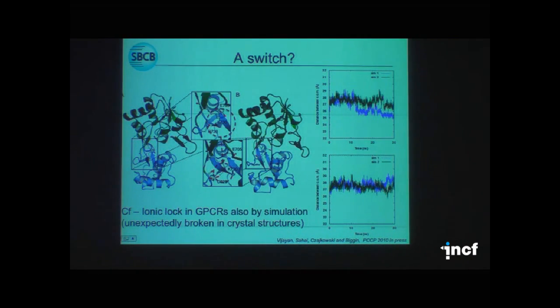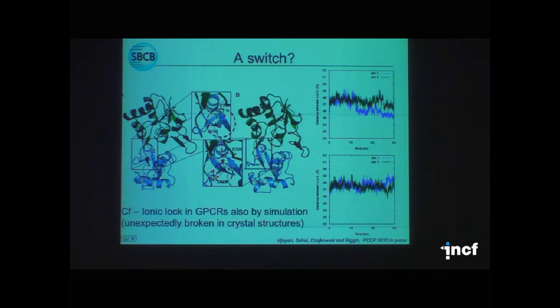This is one of those clefts looking side on, and in these clefts there's a hydrogen bond, in the open cleft form, between the glutamic acid and this lysine here. Then when that lysine breaks that hydrogen bond and reforms it with this aspartic acid, that is what allows the cleft to close.